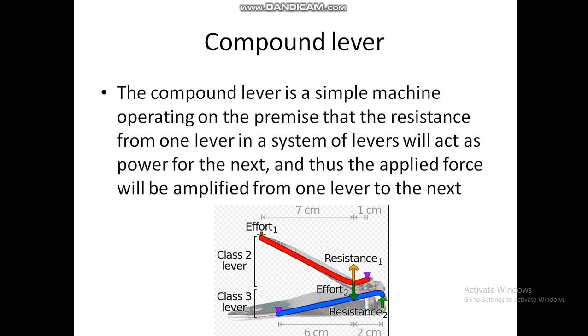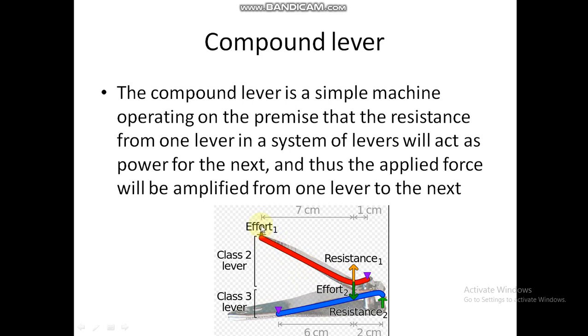Next thing is compound lever. A compound lever is a simple machine operating on the premise that the resistance from one lever in a system of levers will act as a power for the next. In this case, the levers function in the same way as the simple lever, but the difference is the resistance. As you can see in the nail cutter, we have this lever here.